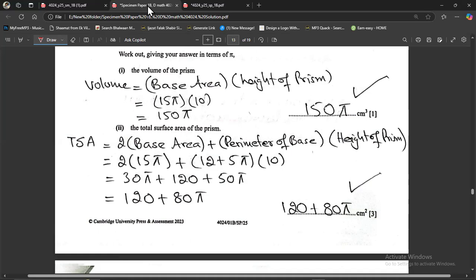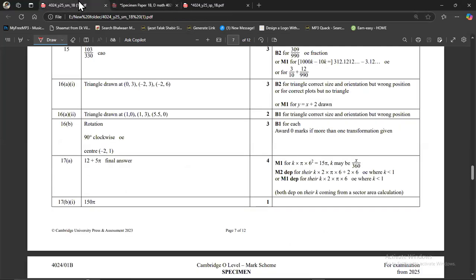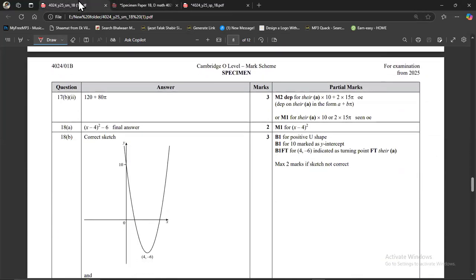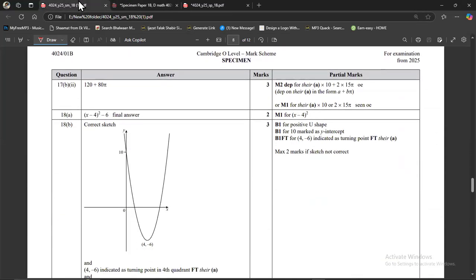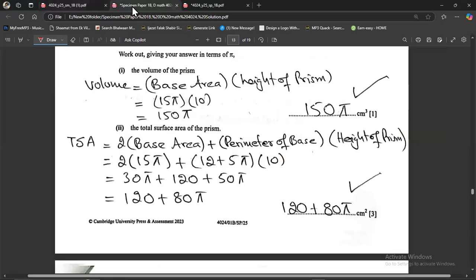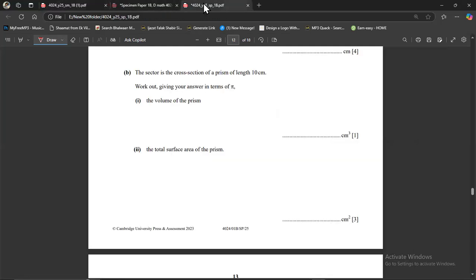So you will have 30 pi plus this 10 will multiply with this bracket. It's 120 plus 50 pi. So that is 120 plus 80 pi. 120 plus 80 pi is the answer. You can see here 120 plus 80 pi is the right answer. I hope you understand this question.